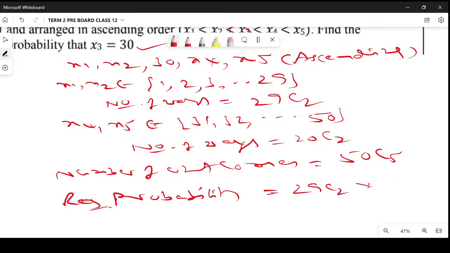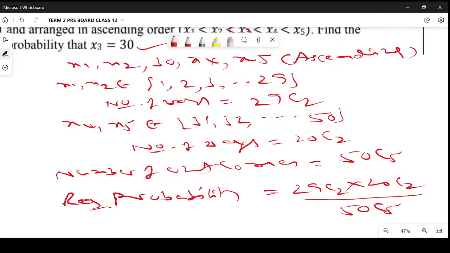Don't write plus, because the selection has not been completed; you have selected only 2 things. That is the reason you should write into. This is the fundamental principle of multiplication. So 29C2 into 20C2 by the total outcomes 50C5.